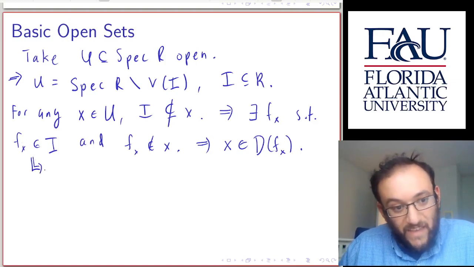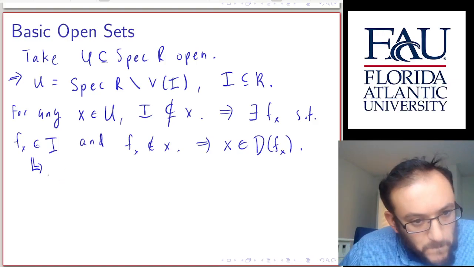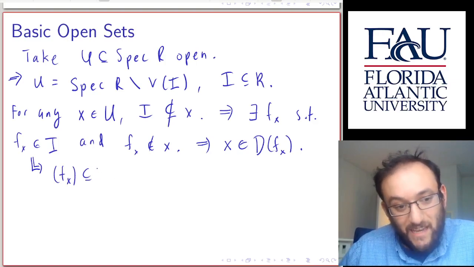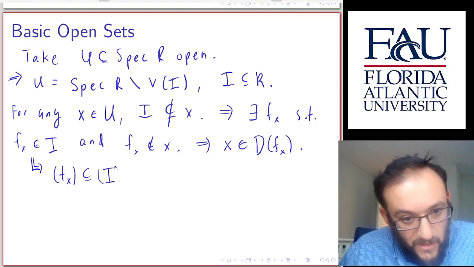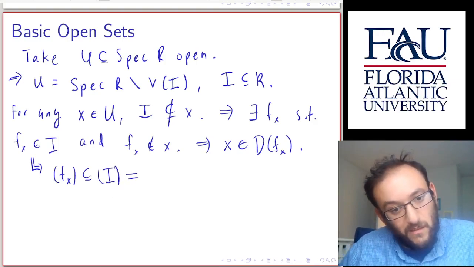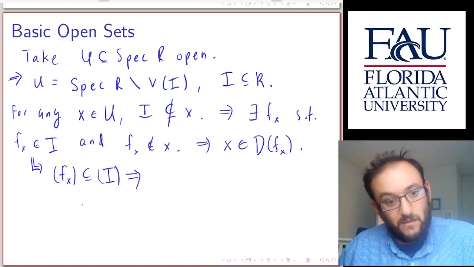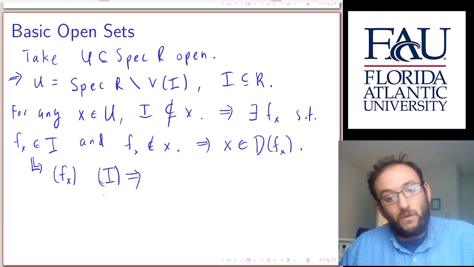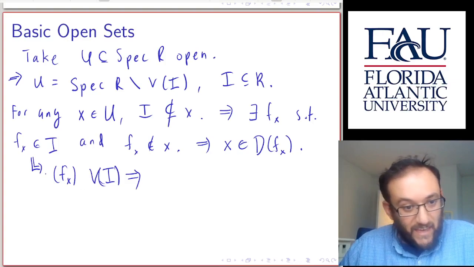And the way that we do that is we use this part. The fact that f_x is in I indicates that the ideal generated by f_x is contained in I. But if we think about the set of primes containing I, everything that contains I, because f_x is in there, must also contain f_x.